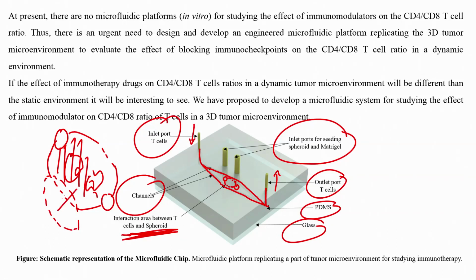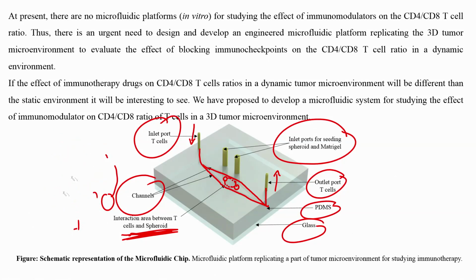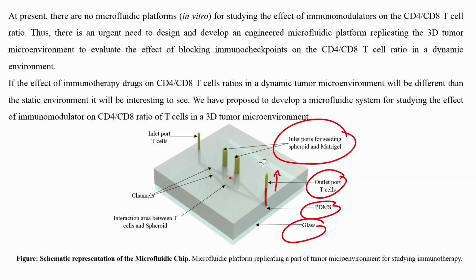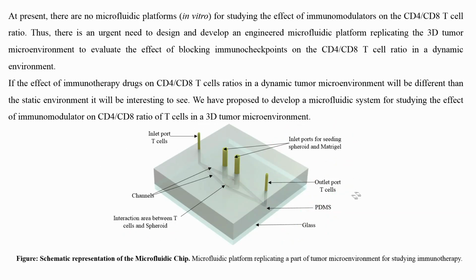There will be release of chemokines, right, and a change in CD4 CD8 concentration would occur, right. So, this kind of chip can potentially be used to study the effect of immunomodulators on T cells, right.